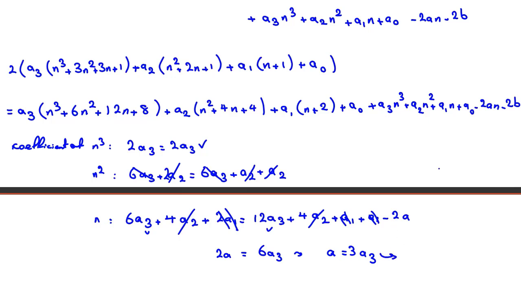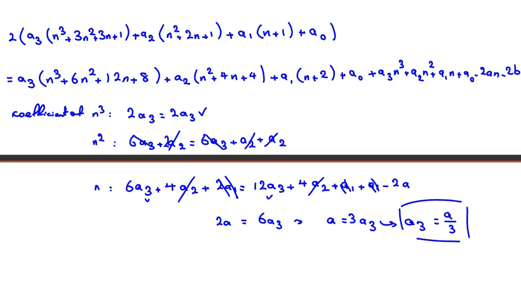Because we should find the answer in terms of a and b, a3 is a over 3. This is the first thing. And at the end, we should check the coefficient of the constant term.